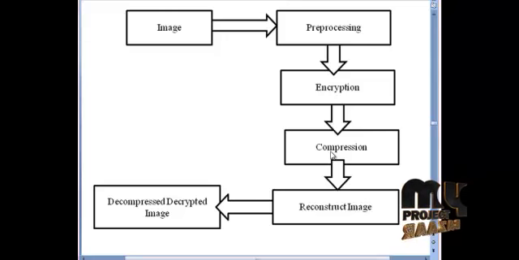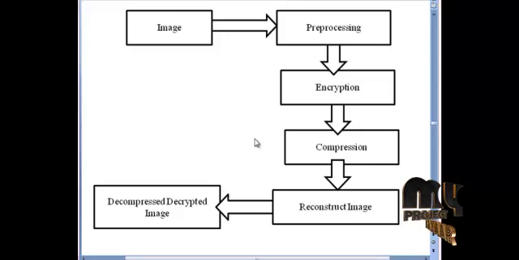Now the image is transmitted to the receiver. Initially, the receiver decompresses the image and then decrypts it in order to get the original image that was sent by the sender.